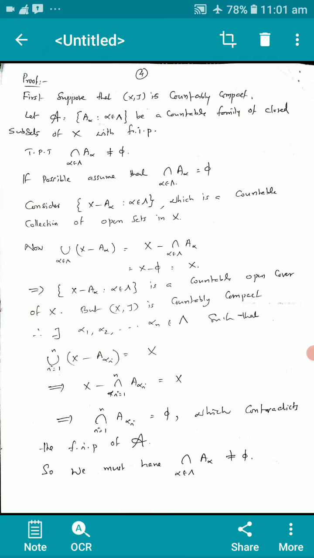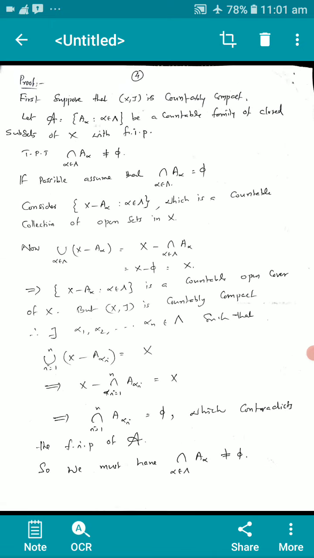If possible, assume that the intersection of A_alpha is equal to phi.